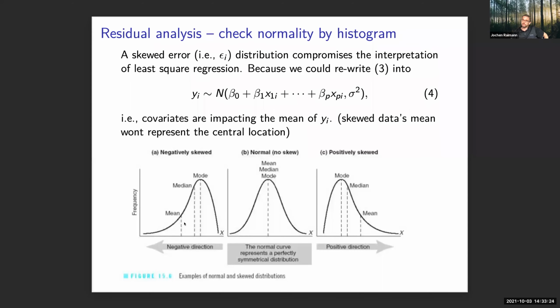So essentially, if you have a mean that is driven by a couple of outliers here on the left side, so it's negatively skewed, you see that the mean is being pulled to the left.